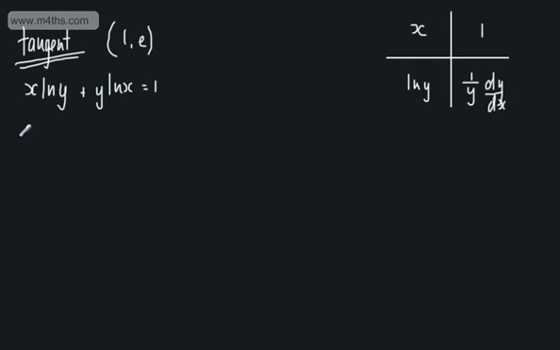We can say that we're going to have now the natural log of y multiplied by 1. So that is v multiplied by du dx plus u multiplied by dv dx. So we're going to get the natural log of y, then we will get plus x over y dy dx. So all I'm doing is simply employing now the product rule. So x over y dy dx.